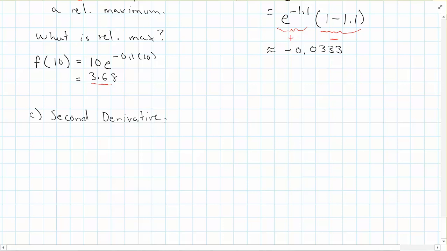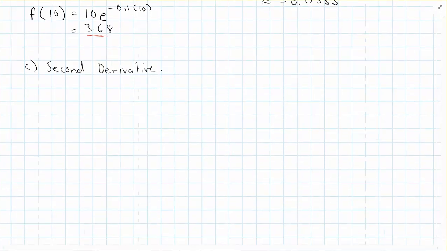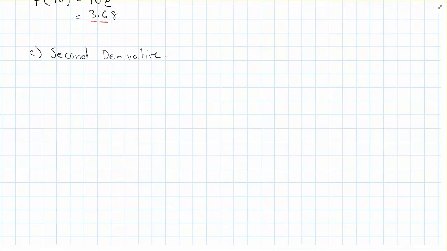Well, of course, I'm going to need the second derivative, which we'll get in a second here. But before we do that, let's talk about what's going on here. So the second derivative here, well, we know that this tells me about concavity. And let's think about this.